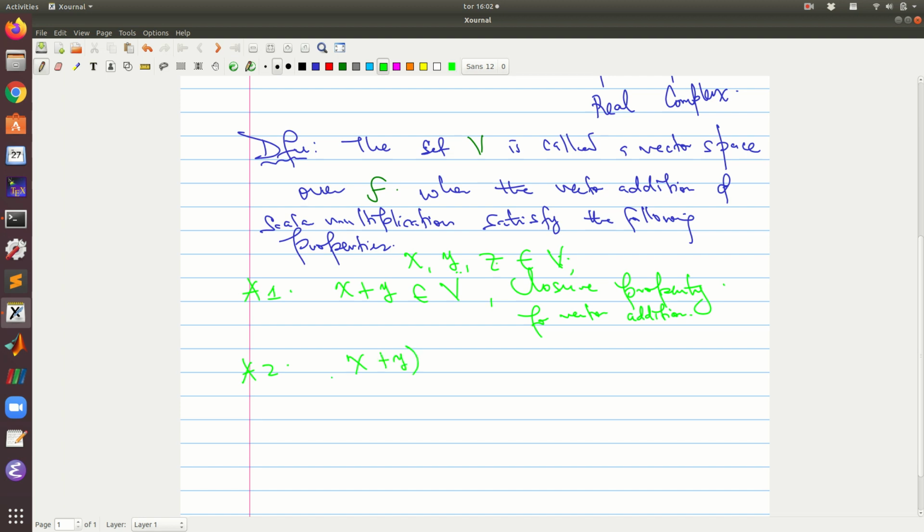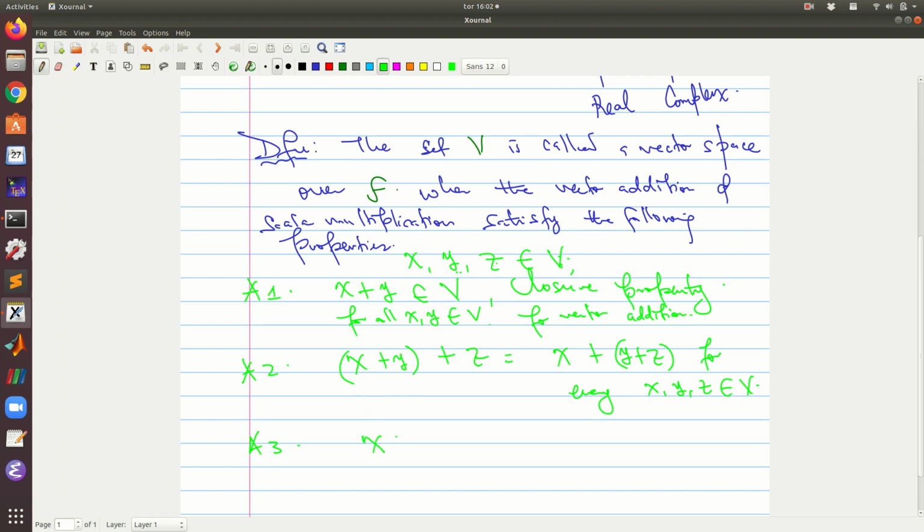What about A2? A2, we have associativity: x plus y, plus z, is the same as x plus y plus z. This holds for every x, y and z taken from V. What about A3?